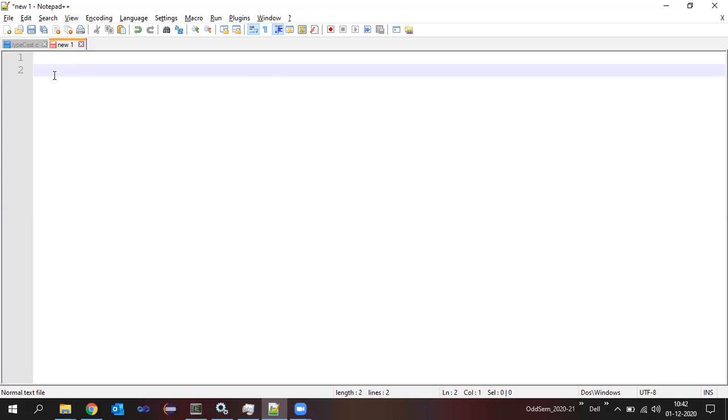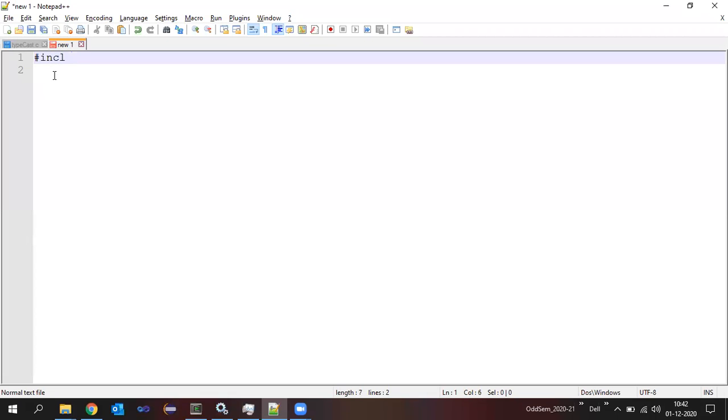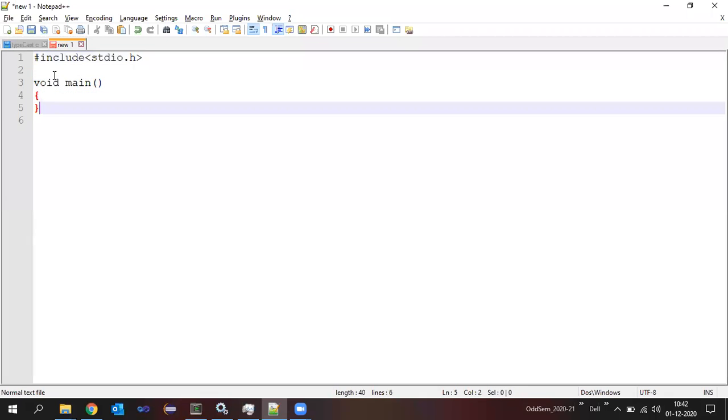Now I will try to demonstrate what will happen if you don't include these header files. First statement, obviously, we write hash include stdio.h, and then we write void main, and then a simple printf statement, printf welcome. It's just one simple statement I'm printing on the screen.